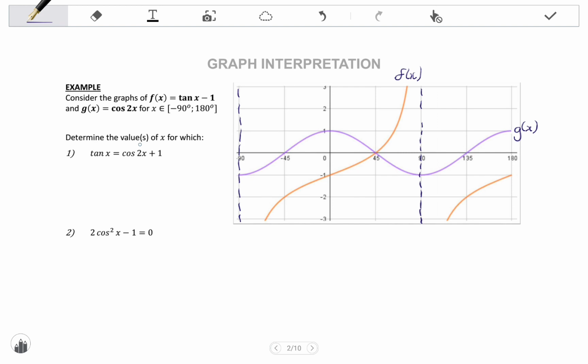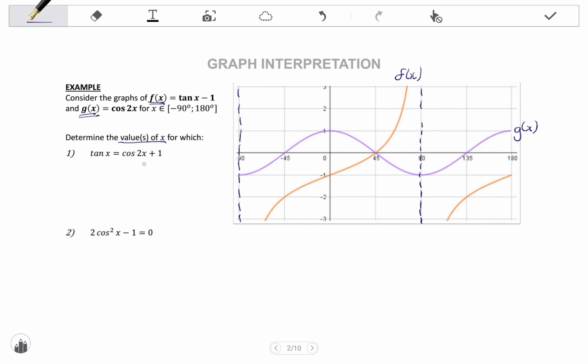Now, the questions say determine the values of x for which, and number one asks where tan x equals cos 2x plus 1. Now, we were given f of x and g of x and their diagrams to work with. So somehow this must relate to those two graphs, okay?